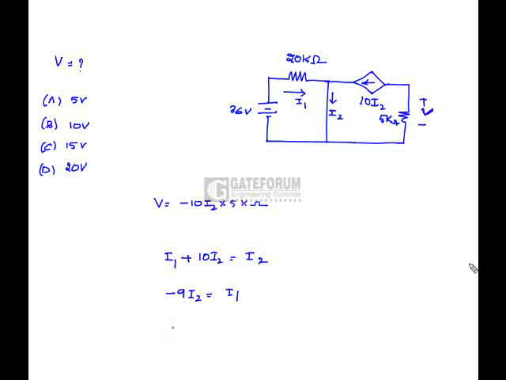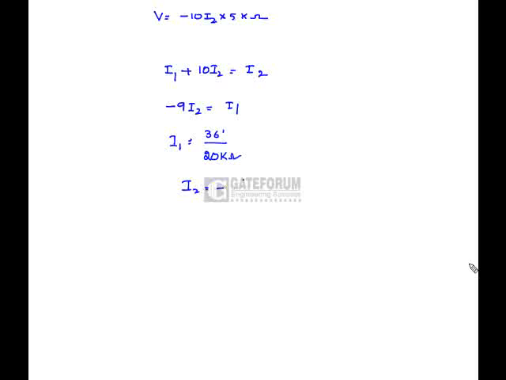So I1 is nothing but 36 volts divided by 20 kilo ohms. So I2 is nothing but minus I1 divided by 9, which is minus 36 divided by 9 into 20 milliamps, so minus 0.2 milliamps.